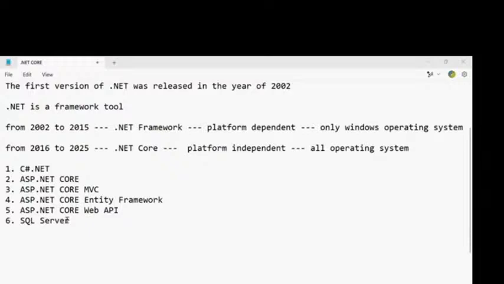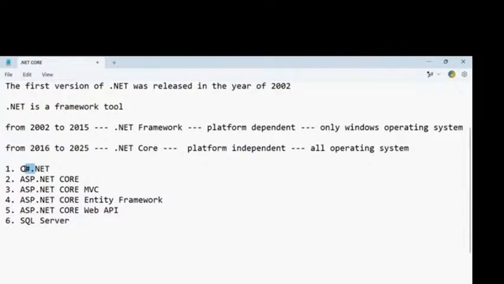So the .NET Framework has two components: base class libraries and CLR. Base class libraries are the built-in class libraries. Microsoft offers a lot of built-in classes with predefined implementation.